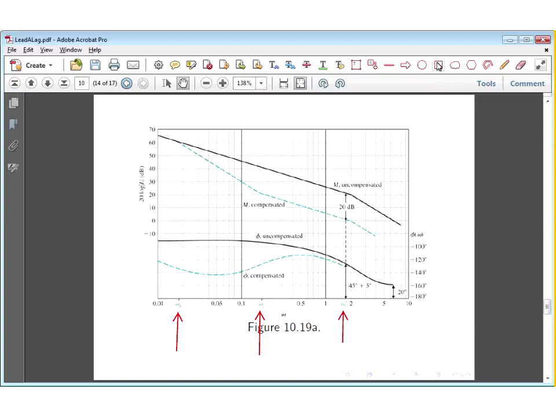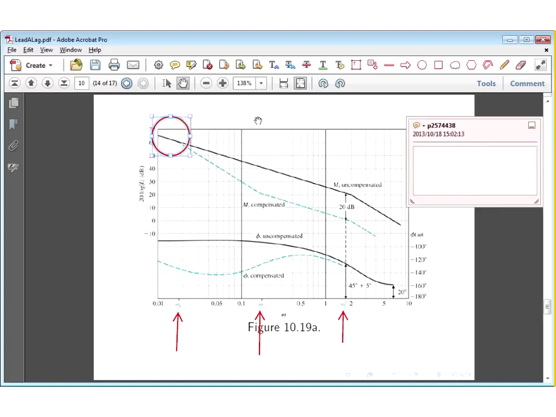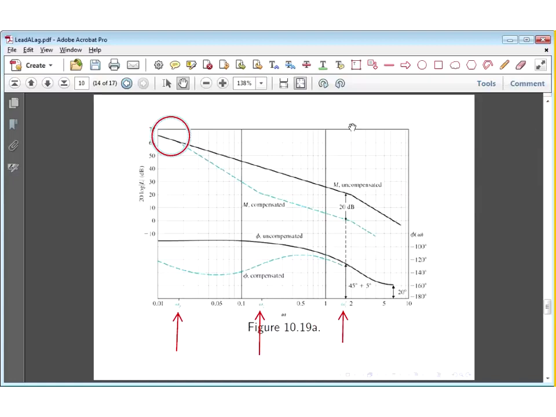Note though that if I look at specifically what is going on here, below the pole, at low frequencies, the loop transfer function magnitude is not changed, which is because of the fact that the DC gain of my lag compensator is 1, and therefore it means that the steady state error requirement, if I've worked correctly, will still be met.